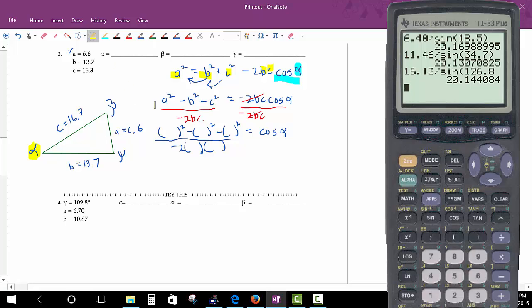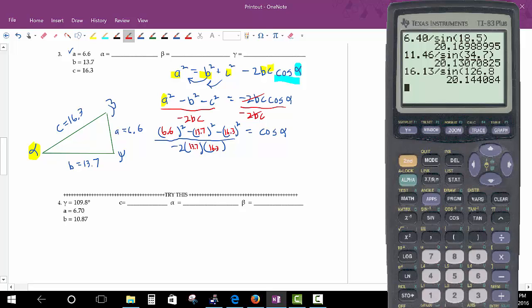First thing we have is A squared. So I'm going to plug in A is 6.6. And I've got to plug in B. B is 13.7. Then I'm going to plug in C. C is 16.3. And then the bottom I'm doing negative 2BC, so B is 13.7 and C is 16.3.